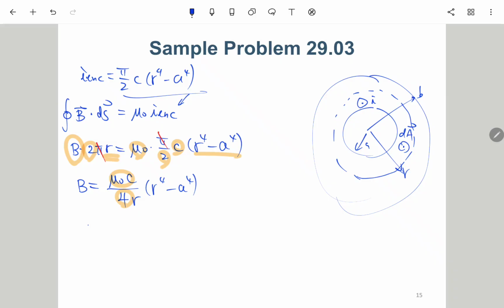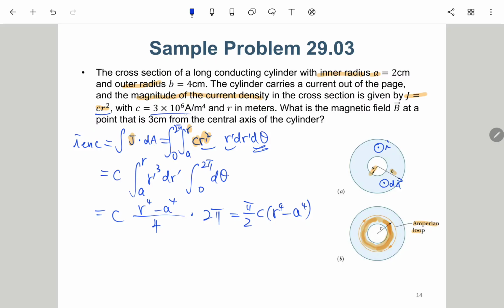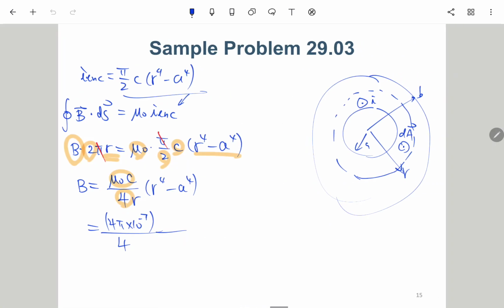Here we can plug in all the numbers. Mu 0 is 4 pi times 10 to the negative 7, over 4, and then c is 3 times 10 to the 6th power. And then r is 3 centimeters, if you still remember, 0.03.